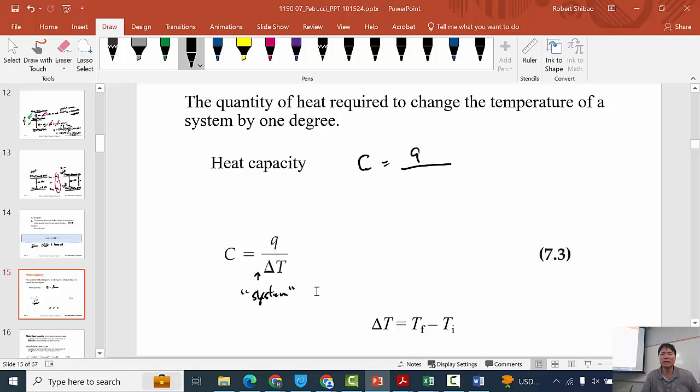Let's say if it's by gram, then we'll have the mass, m, so q = mCΔT. This is the mass, so this would be like grams of water. This is called the specific heat. We'll talk about these. But the heat capacity could also, rather than grams, be per mole: moles times C times ΔT. This is called the molar heat capacity.